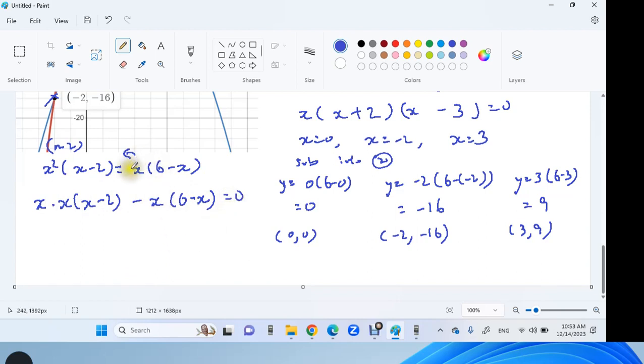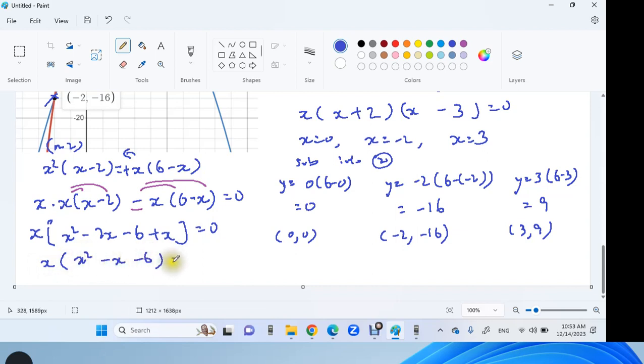This is plus x squared, moved in front it is minus x squared. The x are the same, then they factorize the x, and then they multiply this one inside. So they have x(x squared minus 2x minus 6 plus x) equal to 0. Then they have x(x squared minus x minus 6) equal to 0.